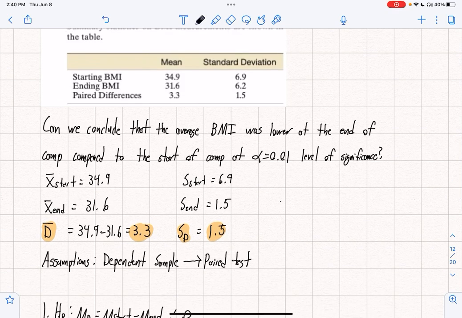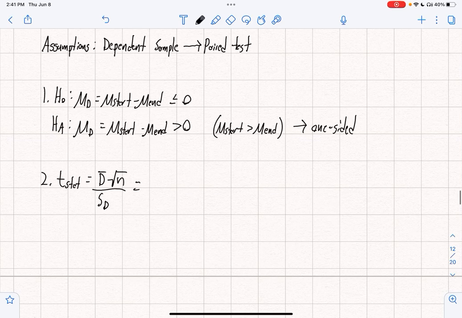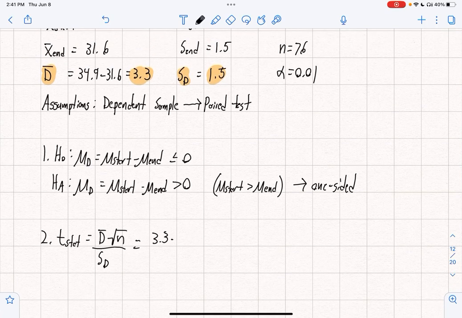We have N is 76, alpha is 0.01. So t-stat is 3.3 times the square root of 76, divided by 1.5, and we get a value of 19.18.